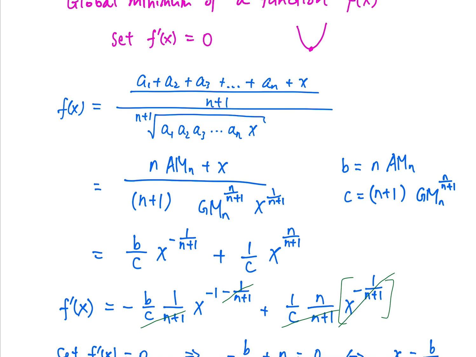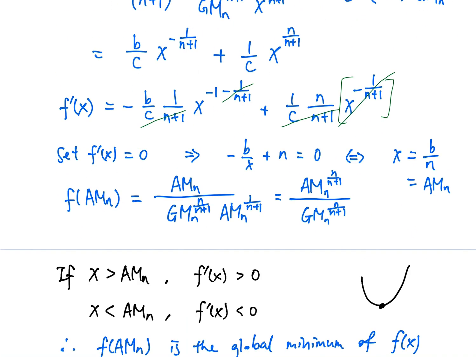And the denominator also looks very similar to the geometric mean when there are n plus 1 items. So in fact, if you observe closely, we can plug in an extra term into our original sequence. Or in other words, it is a_(n+1).